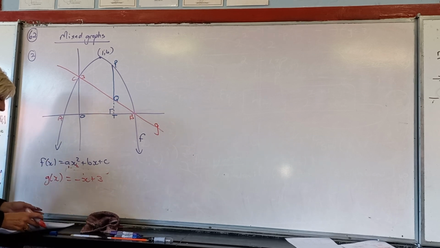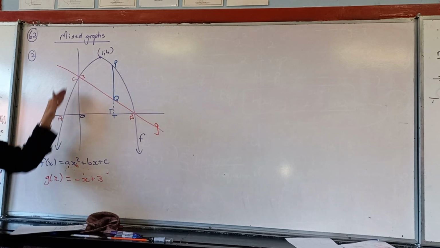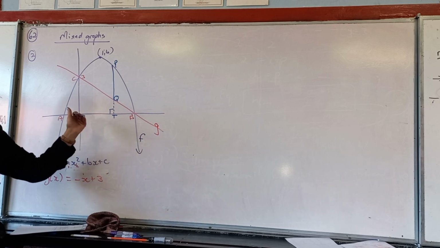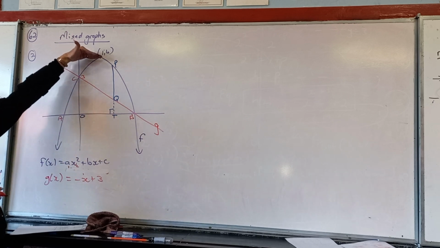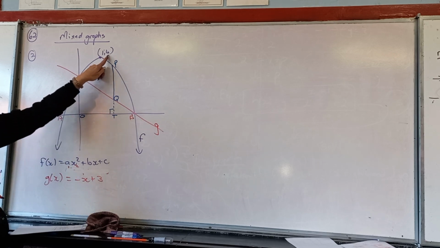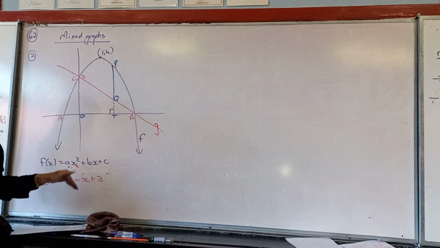This next question says, find the range of f. Range of f, that's the y values. You should know d, r, x before y. The range of f should be all the y's. All the y's underneath, smaller than, and equal to 4.